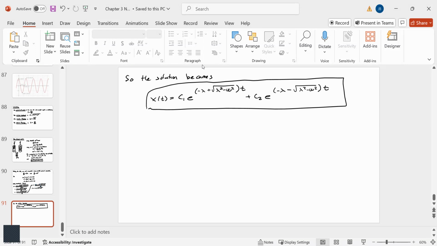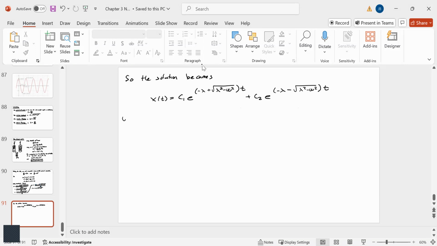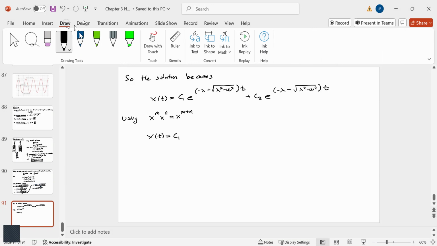Now, we can simplify this a little bit more, right? Using x to the m times x to the n equals x to the m plus n, we get x of t equals C1. Notice that you can basically break that up right there. And then you can also do it for this one.